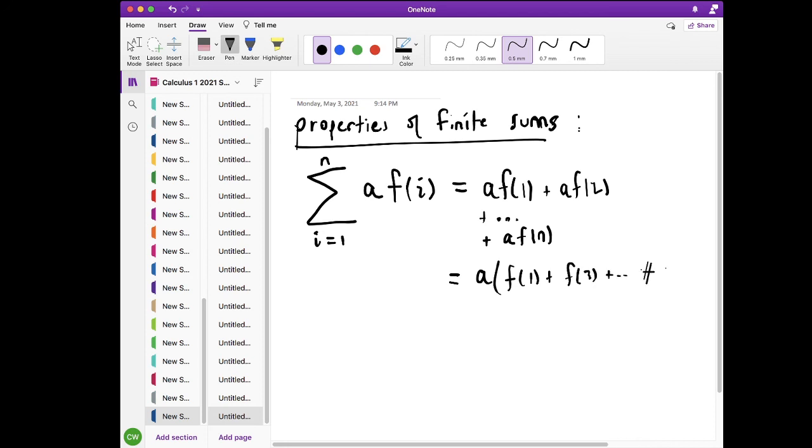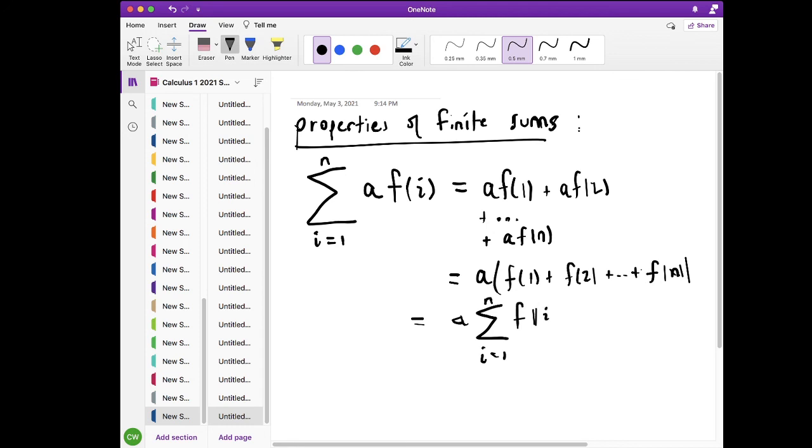But what is that? Sorry, what is f of 1 plus f of 2 all the way up to f of n? That's a sum, yeah. So this is equal to a times the sum from I equals 1, same index, to n of f of I.